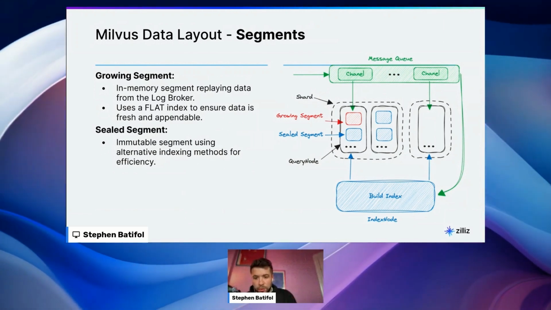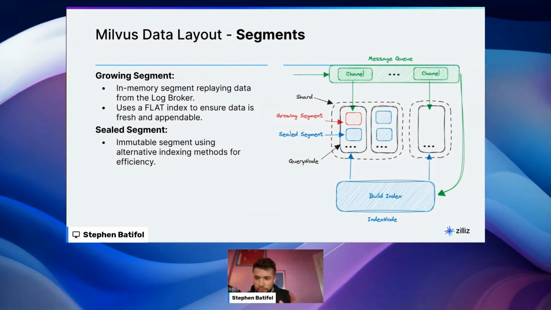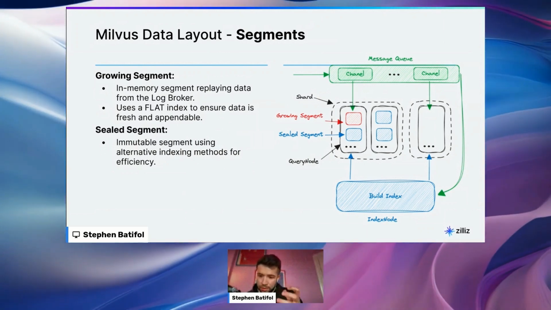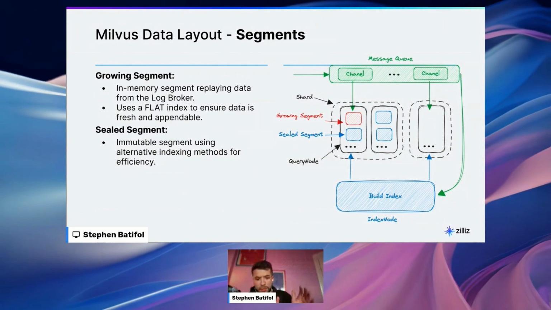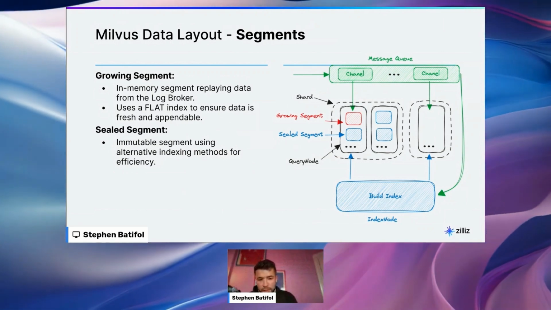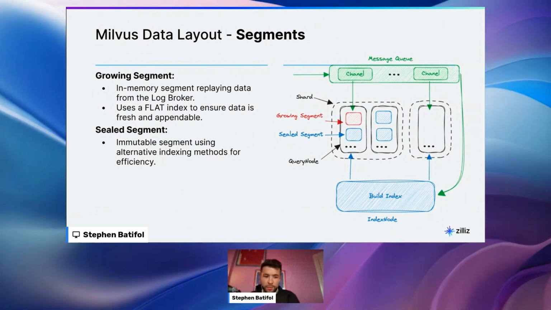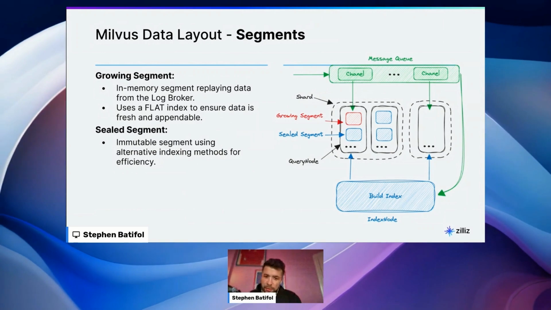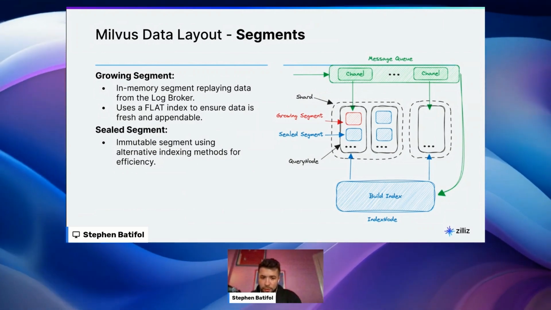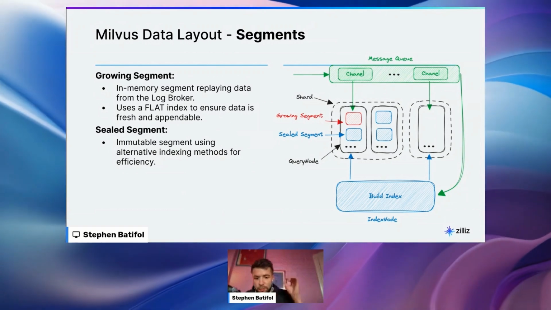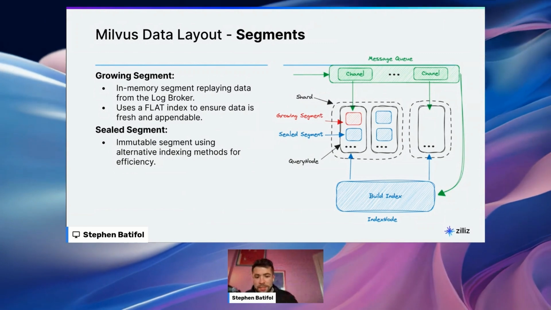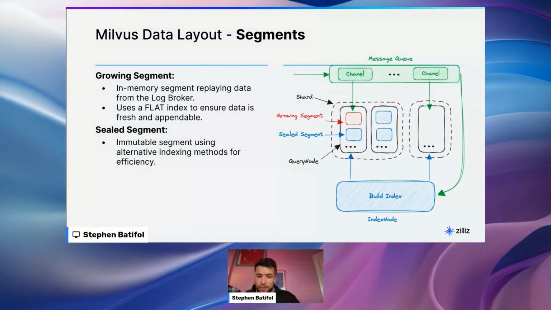Once we have enough data, or once you do some different actions, then we move from a growing segment to a sealed segment. And this one is immutable. So this one will be stored on S3 or on disk, but it's not stored in memory. And then we build an index on top of it, and then you can search through it very quickly. But yes, as a summary, you have growing segments for the latest updates, and sealed segments for everything that is historical, where we build an index on top of it.